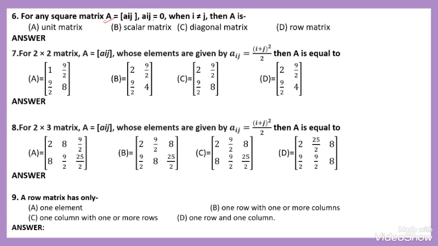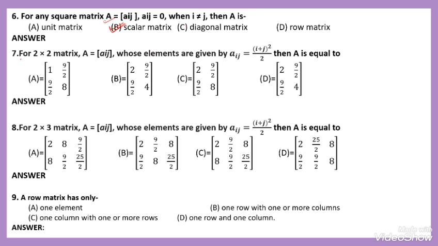Here Aij equals 0 when i is not equal to j, then the matrix is a scalar matrix. By the definition of a scalar matrix, A equals Aij, Aij equals 0 when i is not equal to j.